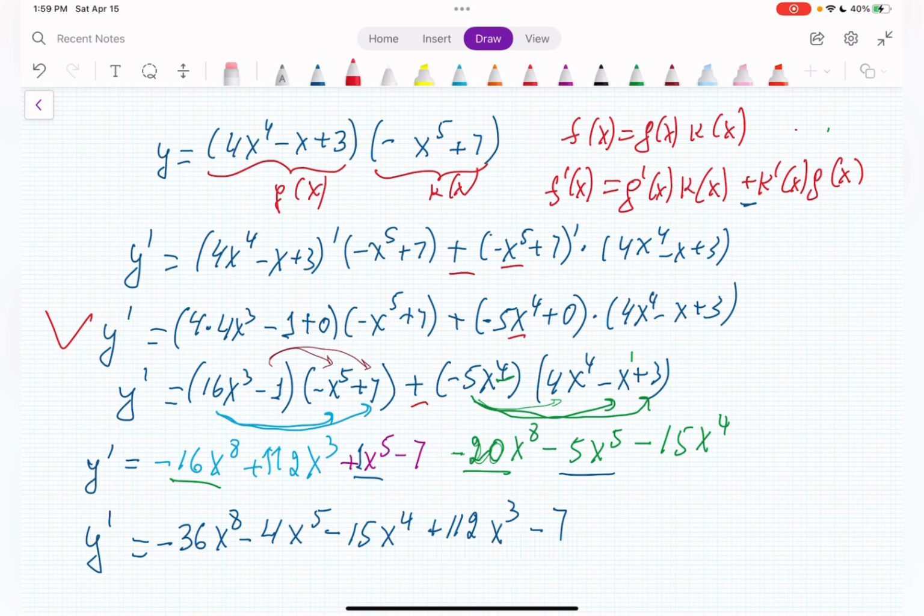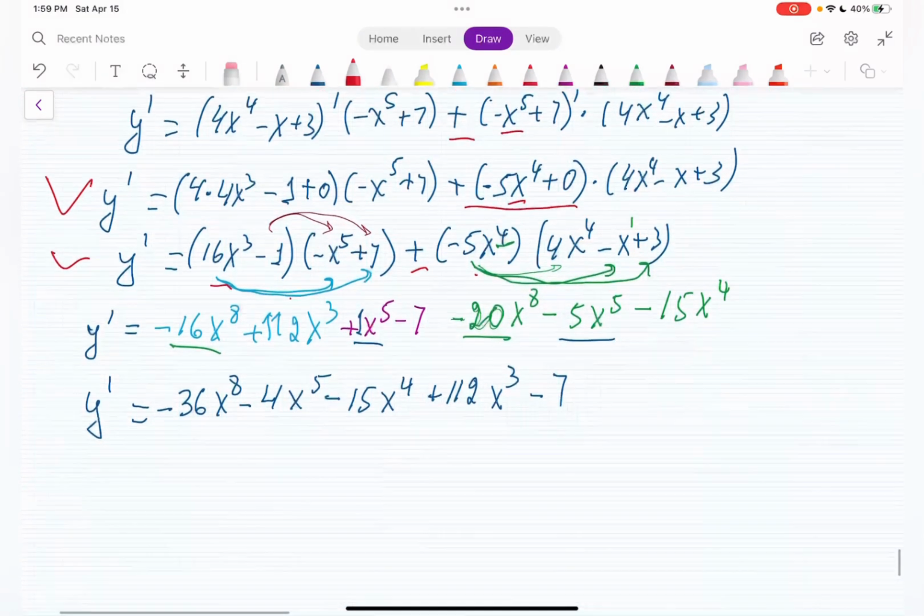So far so good. So here we are clarifying everything: 16x cubed minus 1 times negative x to 5 plus 7, and negative 5x to 4 times 4x to 4 minus x plus 3.